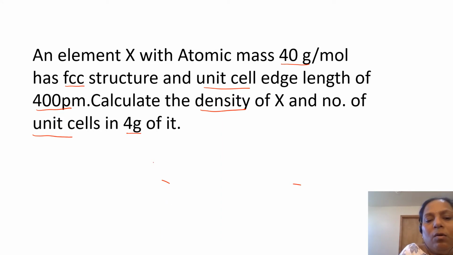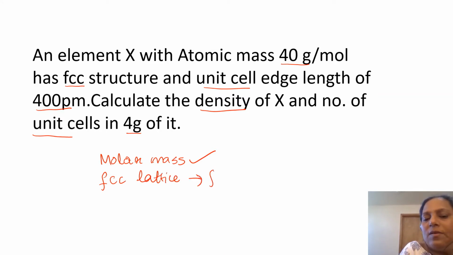Now, what is the data that is given? We are given the atomic mass or the molar mass of the element. So the molar mass is given, and then we are given that the atom forms FCC lattice. What is FCC lattice? FCC lattice means it is face centered cubic lattice, or the atom forms a face centered cubic lattice.